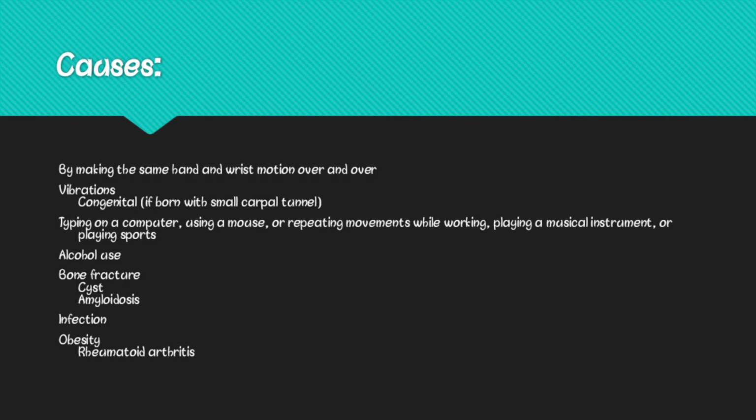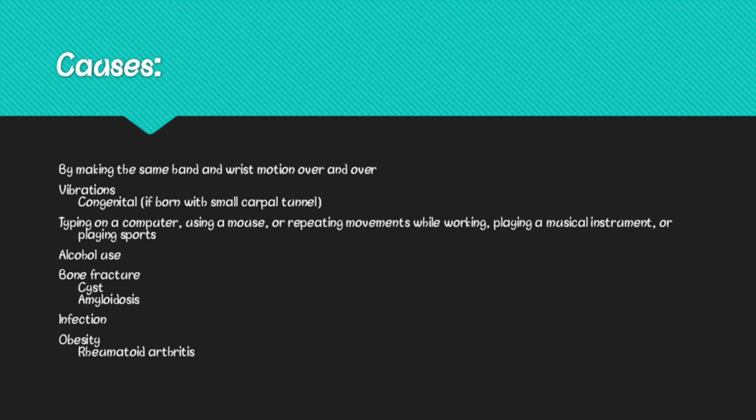We have no study that gives evidence that typing on a computer, using a mouse, repeating movements while working, playing a musical instrument, or playing sports can be a cause of carpal tunnel syndrome. But if we are doing it repeatedly, then it can lead to bursitis and tendonitis that can eventually lead to the symptoms of carpal tunnel syndrome.